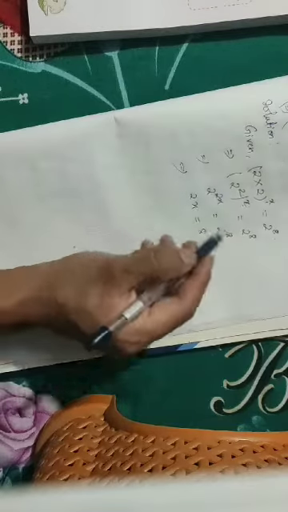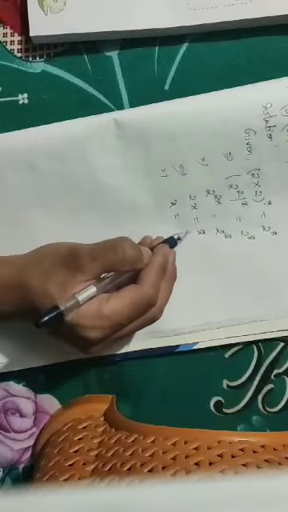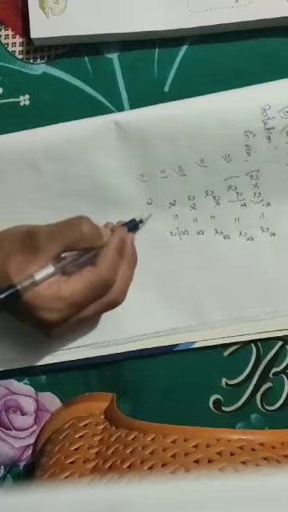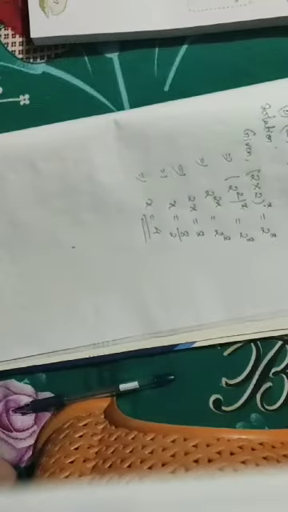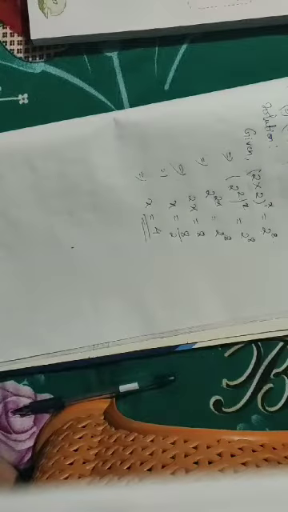So 2x equals 8 means x equals 8 by 2, so x equals 4. So this is your answer for question number 8b. Those who had problem with this sum, please look at this and do it.